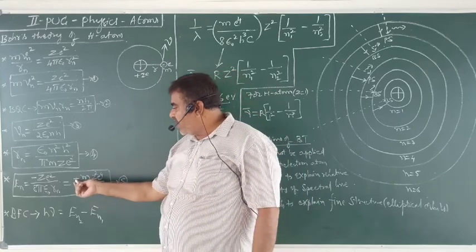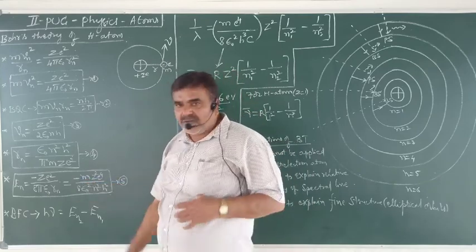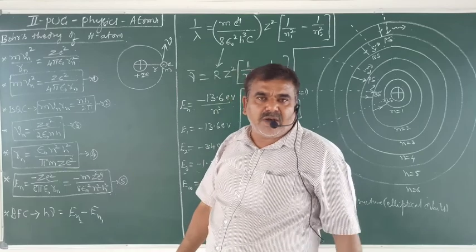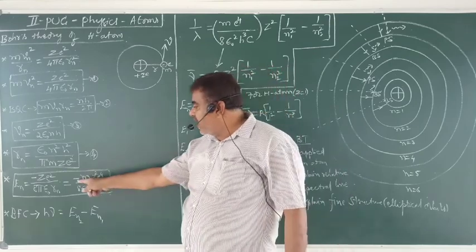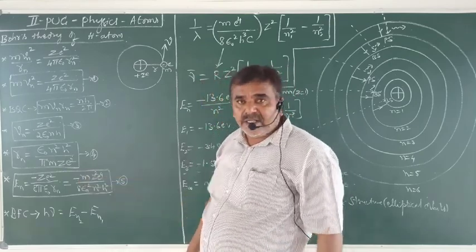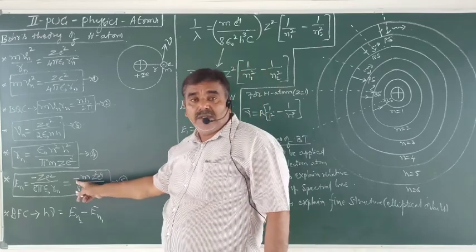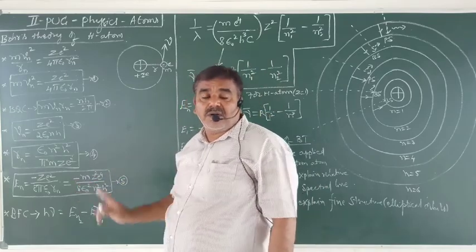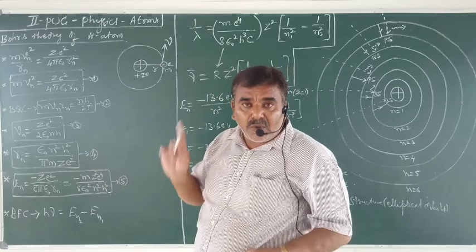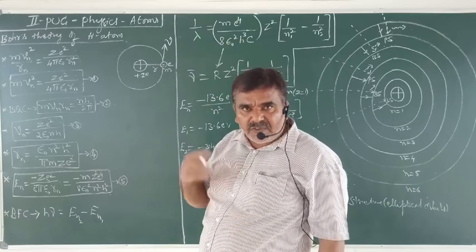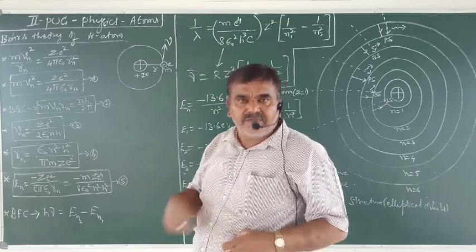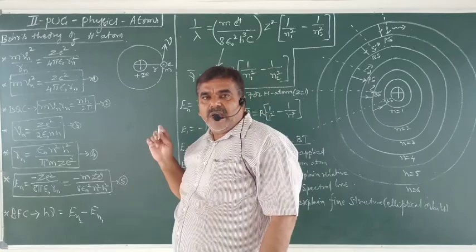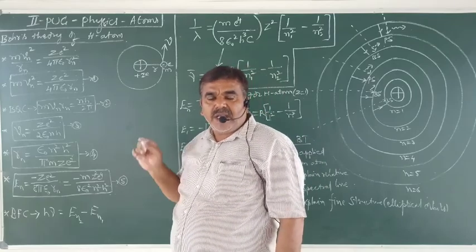Here, our main observation is that the energy of the electrons in the permitted orbits is negative. So the electrons in atoms are not free. They are in a bound state. To make them free, to remove them from atoms, we have to supply energy. Work has to be done.